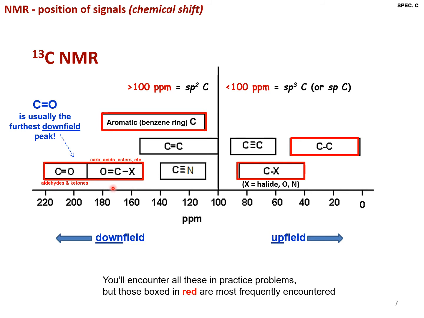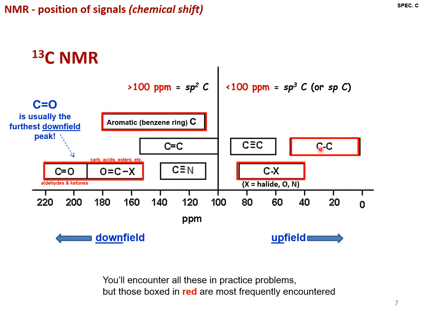Those which belong to the carboxylic acid derivatives, where X is an oxygen or a nitrogen or a halogen, are going to be still downfield, but not as far downfield as aldehydes and ketones, 160 to 180 or so. Aromatic rings and carbon-carbon double bonds, as you would expect, are going to be greater than 100 parts per million.